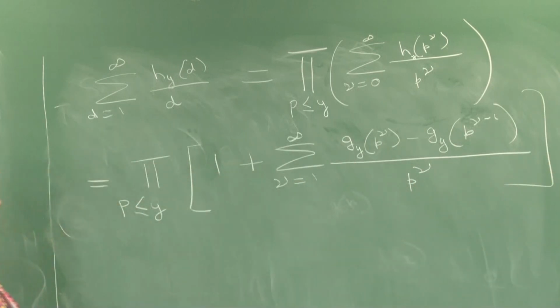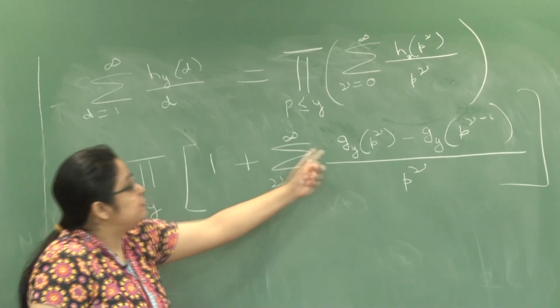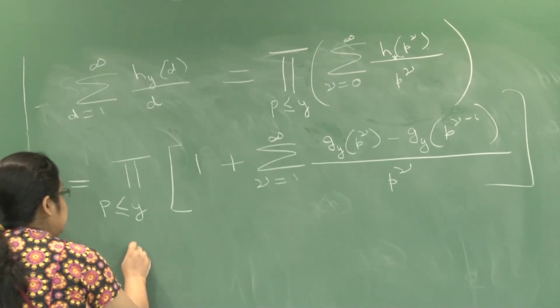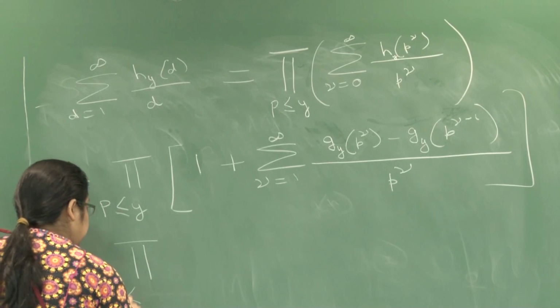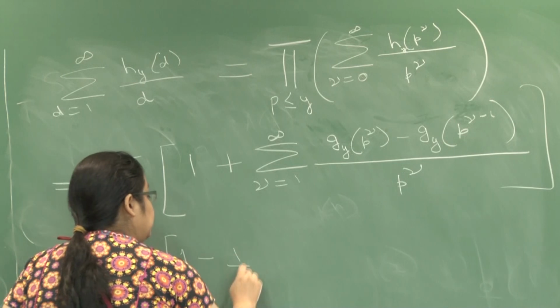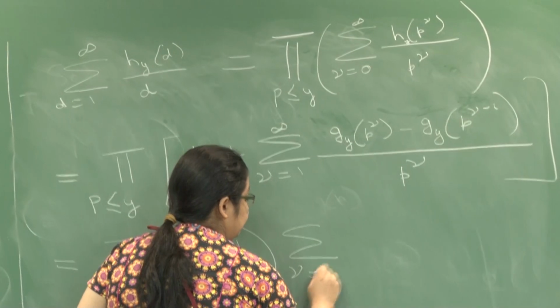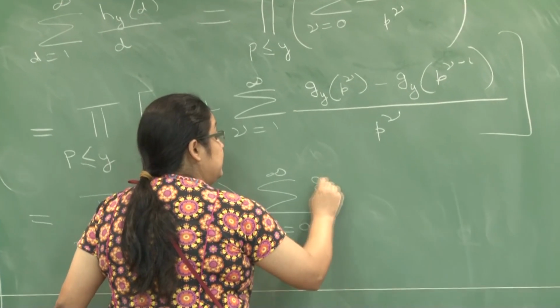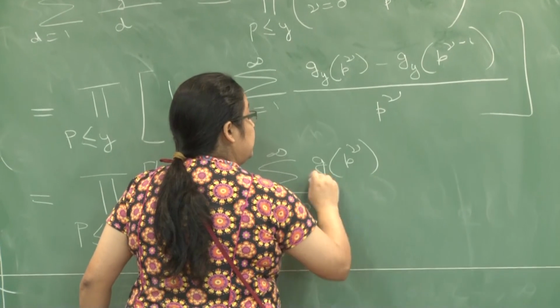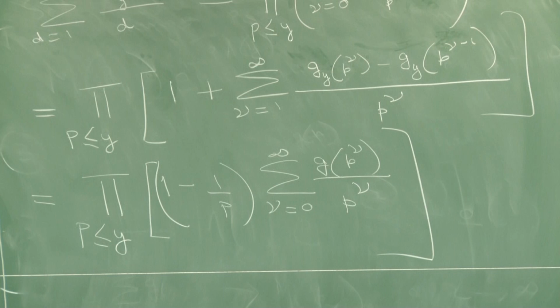These are also absolutely convergent sums, and by a simple rearrangement exercise, you can actually just write this as 1 minus 1 over p times summation nu going from 0 to infinity g of p raised to the nu over p raised to the nu, which is your m of g sub y, exactly what you were looking for.